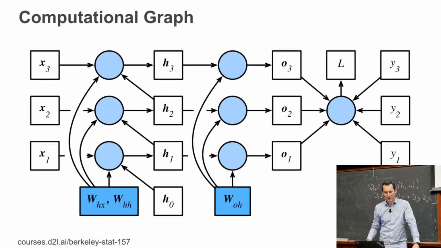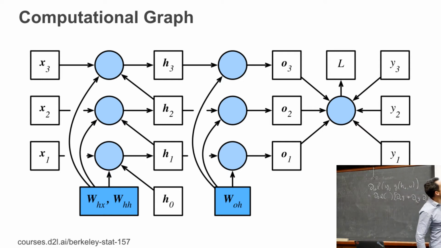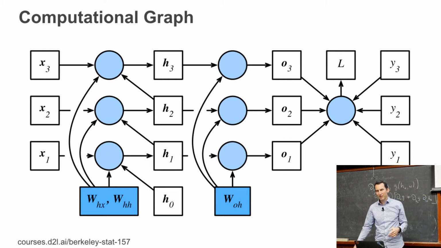So let's look at the graph. I start with some H0, then I observe X1, so I get H1, then I get H2, then I get H3. And this is then mangled with W_oh. So this is the second weight matrix in the middle. And then I get the output. Then this is compared with all the y_i's, and this gives me my loss.